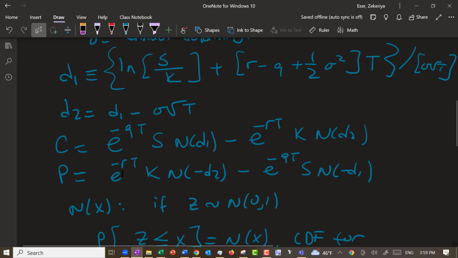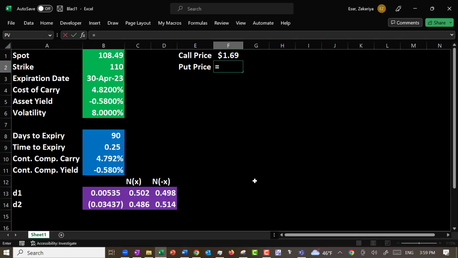Under the formula, present value of strike times N of minus d2, present value of spot times N of minus d1.